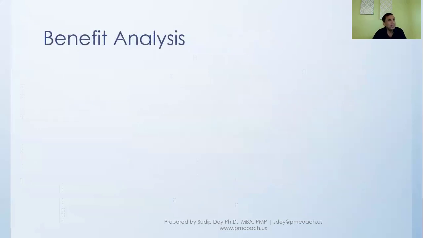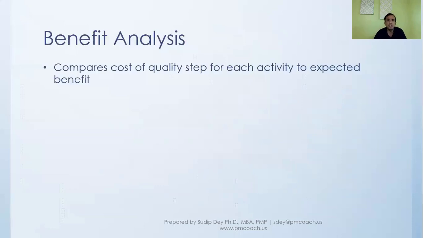Now, there are different analyses that we do when we are doing the quality planning. One is we do some kind of benefit analysis, looking at the cost of quality effort. We determine the quality steps that we need to take, we look at the cost, and also try to find out what is the benefit that is coming out of that.